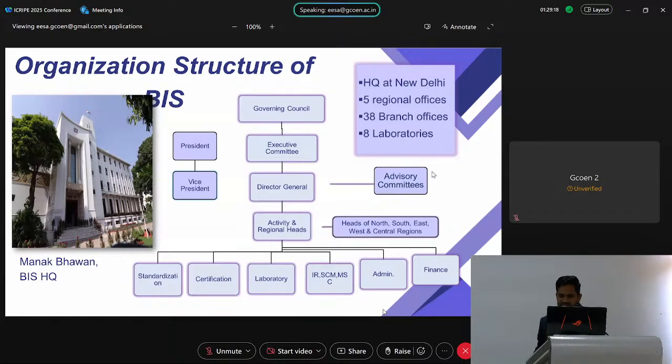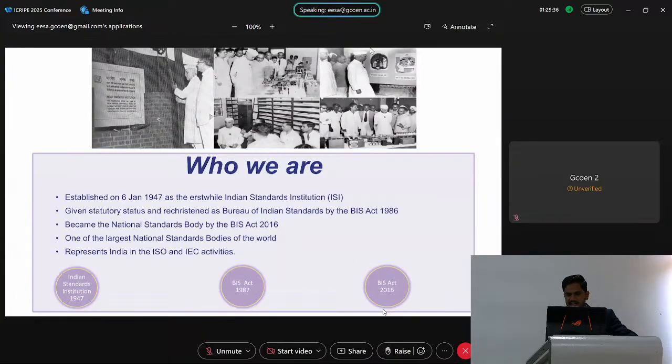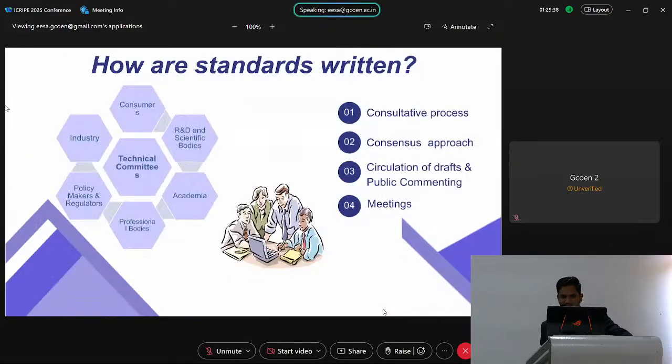In this consultative process, all the responsible organizations are involved. The first one are the consumers. The inputs are taken from the consumer, and then there are R&D, research and development, and scientific bodies.